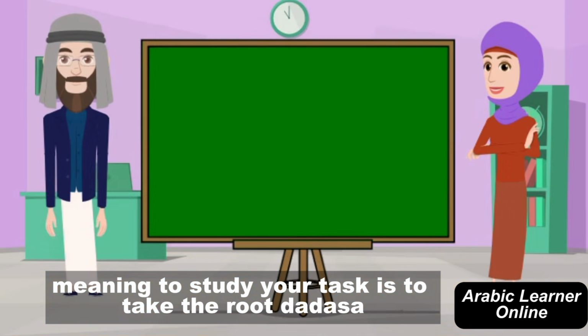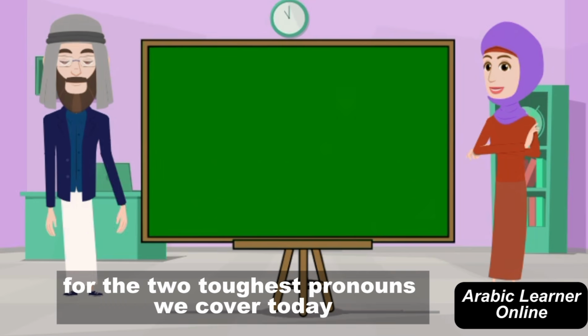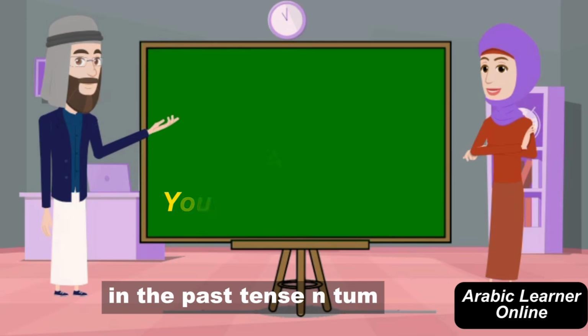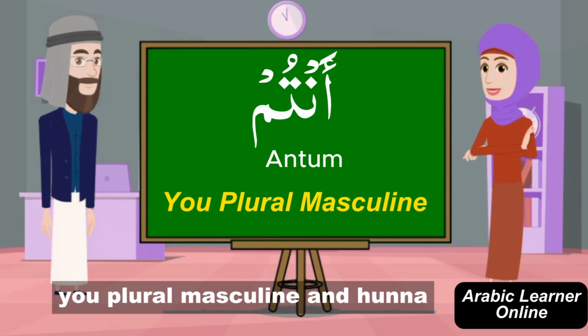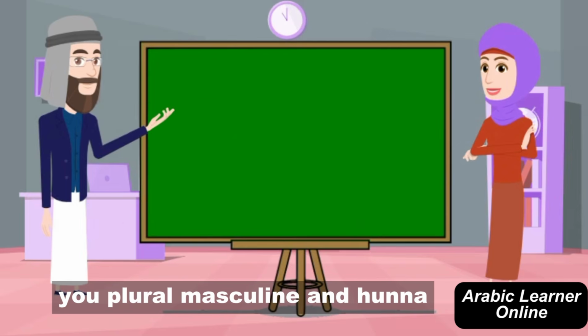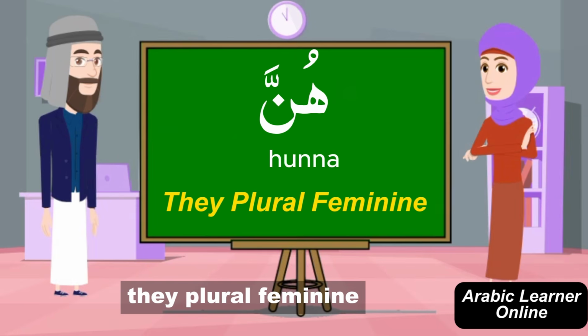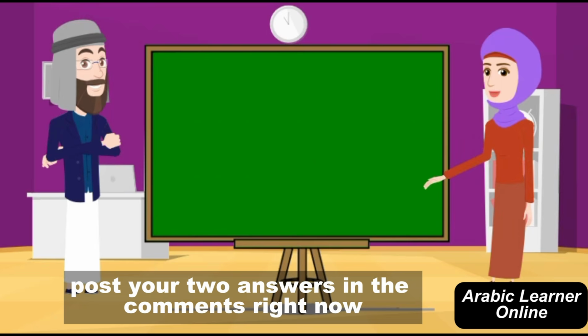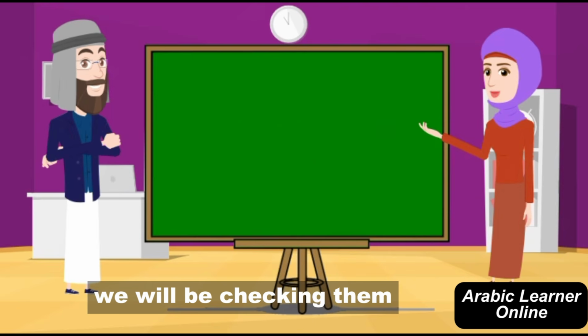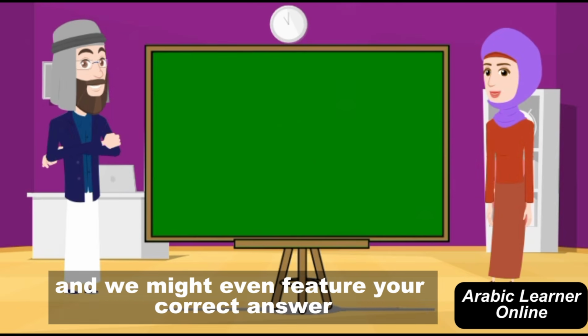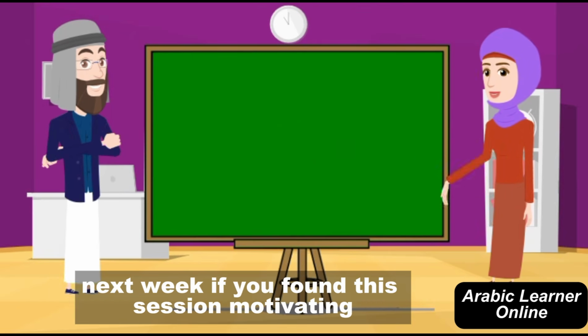Your task is to take the root darasa and conjugate it for the two toughest pronouns we covered today in the past tense: antum, you plural masculine, and hunna, they plural feminine. Post your two answers in the comments right now. We will be checking them, and we might even feature your correct answer next week.